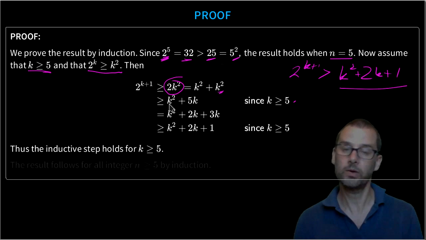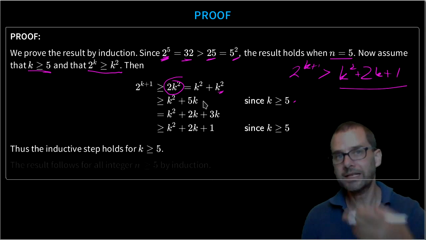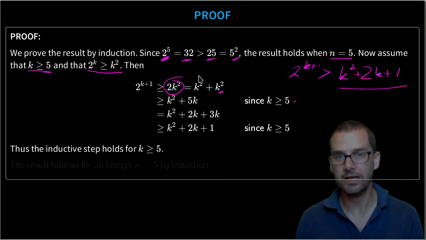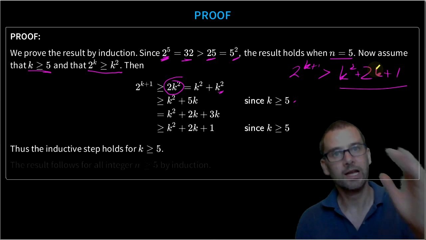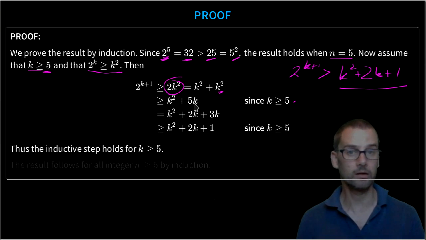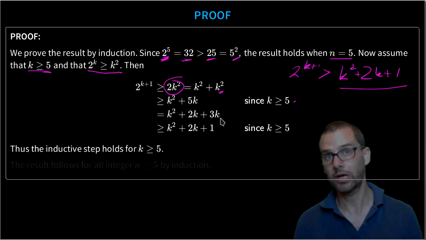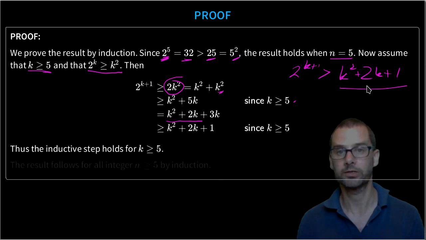So 2k squared is bigger than k squared plus 5k. All I've done is massage things around to try to make the expression that we have look like the expression that we want, cutting away bits and pieces until we get down to what we want. Well, 5k is equal to 2k plus 3k. So now I've made the right-hand side look more like what we have here, k squared plus 2k.